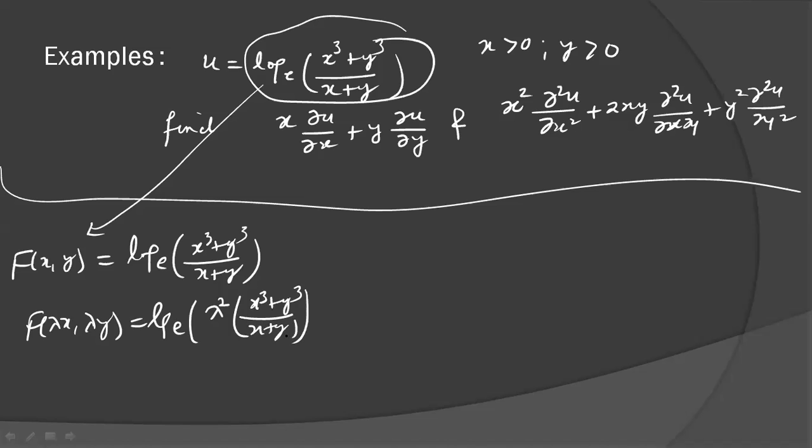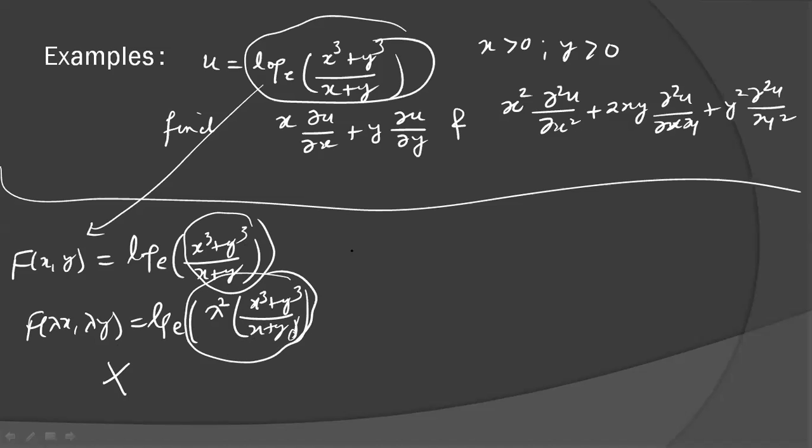You can check that. One lambda will be considered. Lambda square is not perfectly outside. So we can say that this function is not homogeneous. But if you see, for the entire inside function lambda square is outside. It means the inside function x cube plus y cube over x plus y is a homogeneous function.